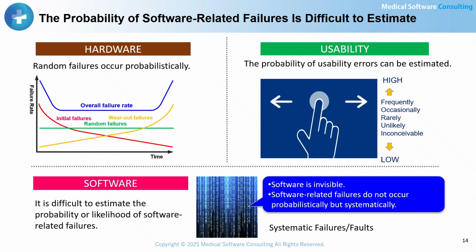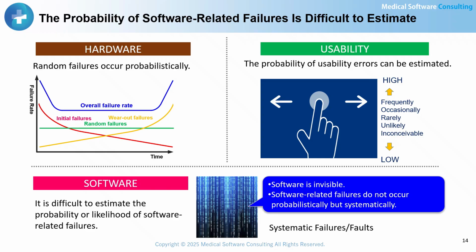For hardware failures, the probability can often be estimated. As shown in the figure on the upper left, hardware failures typically follow a bathtub curve over time, combining early failures, random failures, and wear-out failures. For usability-related errors, shown in the upper right, probabilities can also be estimated by analyzing the likelihood of user mistakes. However, software behaves differently.